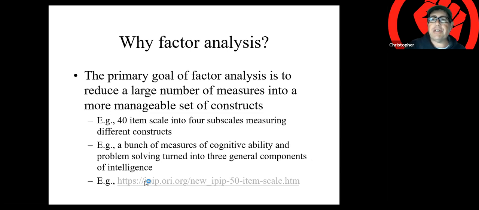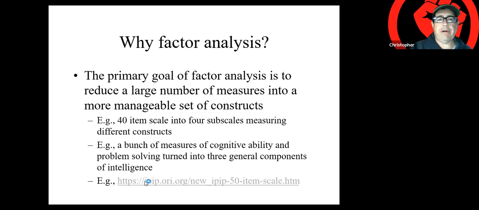Those constructs that are represented are called extroversion, agreeableness, conscientiousness, emotional stability, and intellect or imagination. The way that we figured out what the constructs were that were represented in the scale was through using factor analysis, taking those 50 dimensions and in this case reducing them to just 5, what are called 5 factors.